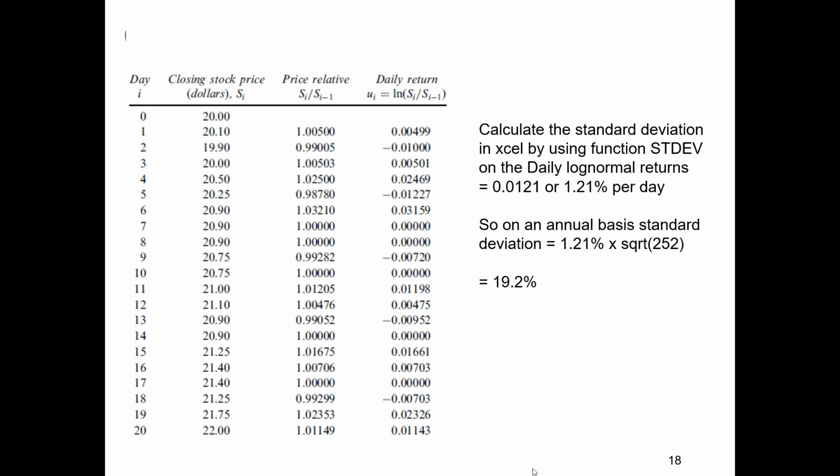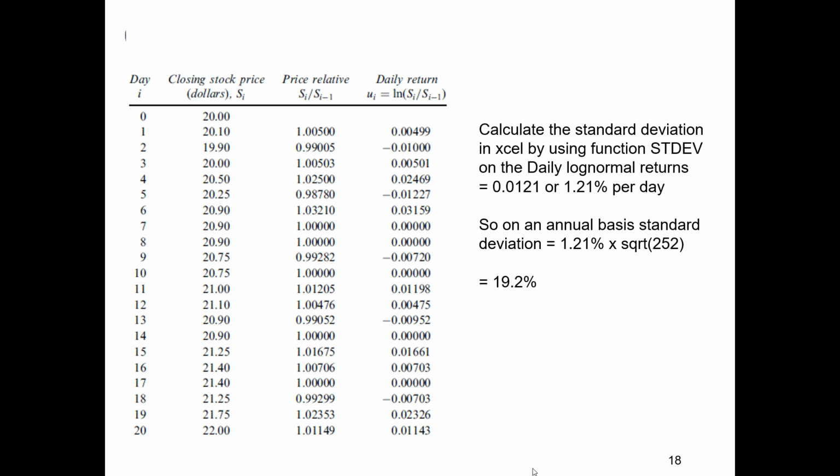Likewise, copy that formula all the way down and you get the log returns for the period. And then you can use the STDEV function on Excel on the log returns, and you get a value of 1.21% per day.